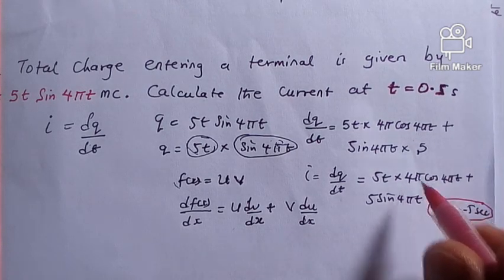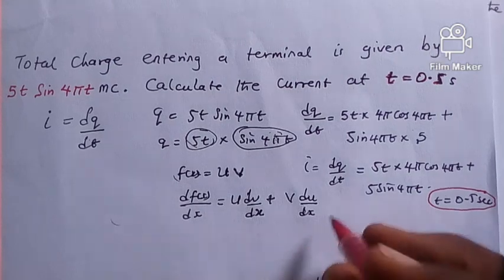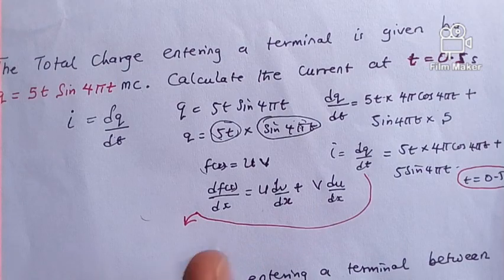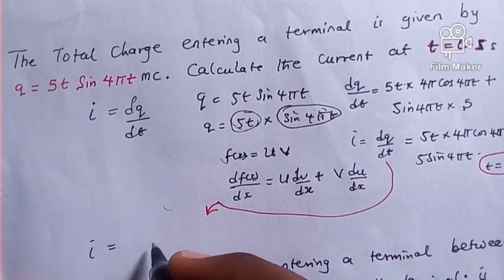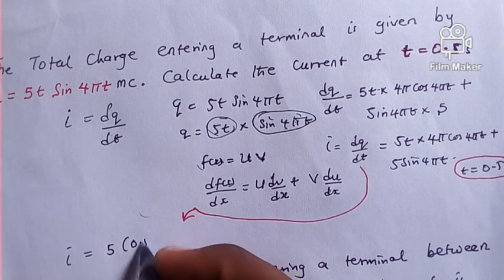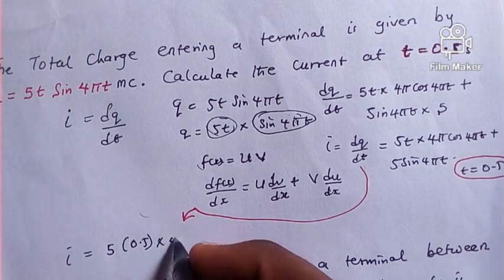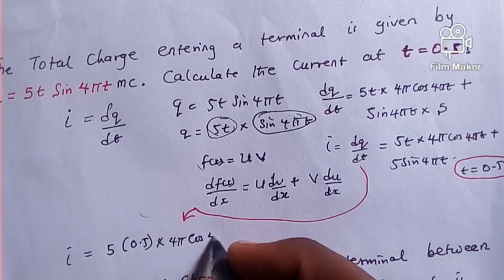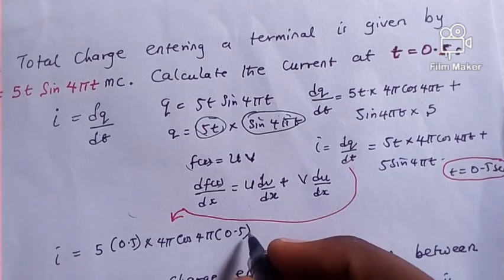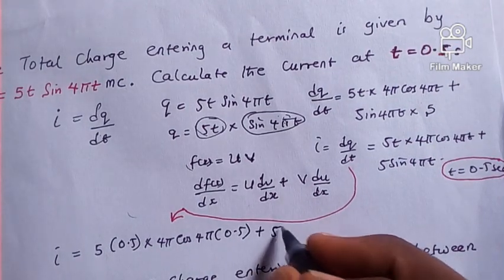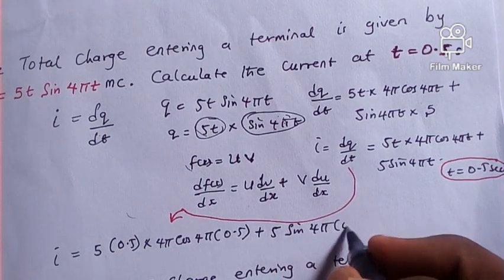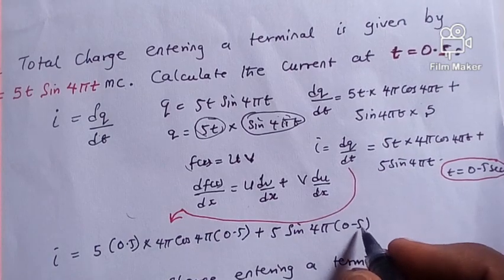Current I is 5 times 0.5 times 4 pi cos of 4 pi times 0.5, plus 5 sine of 4 pi times 0.5.